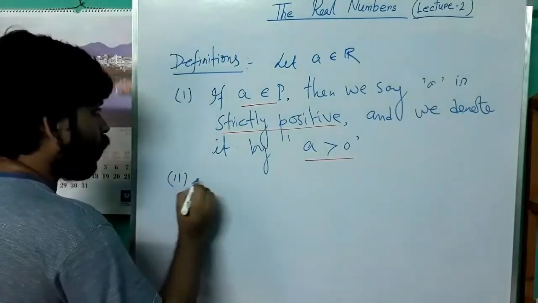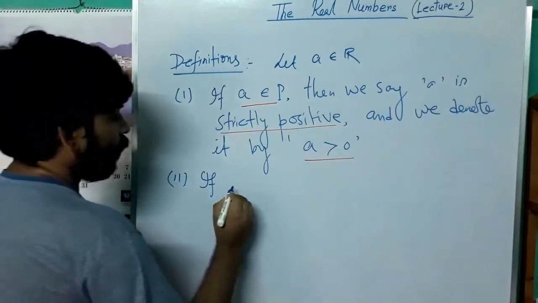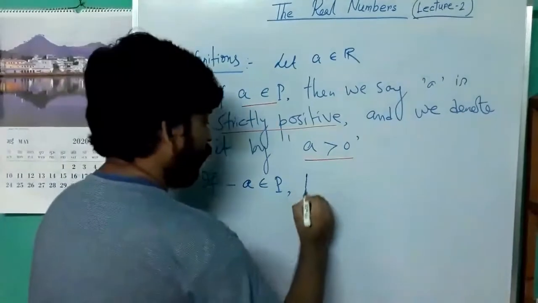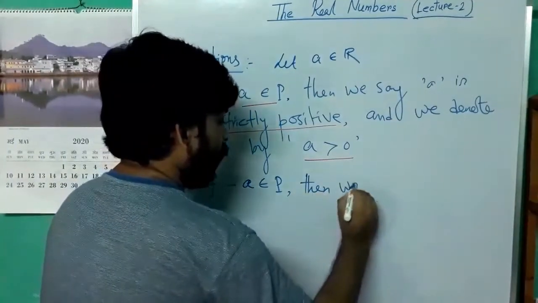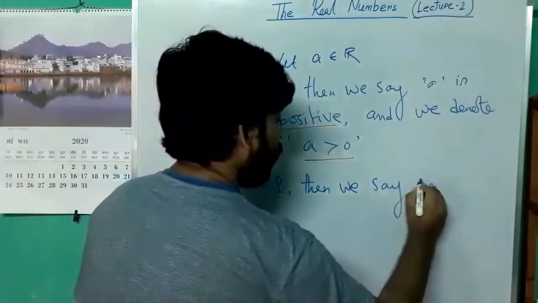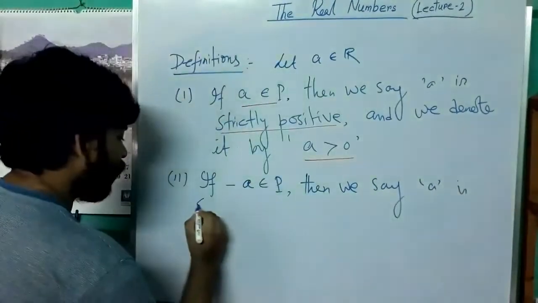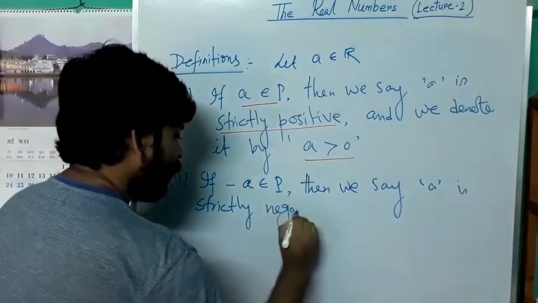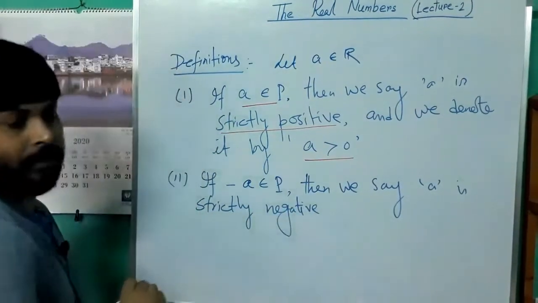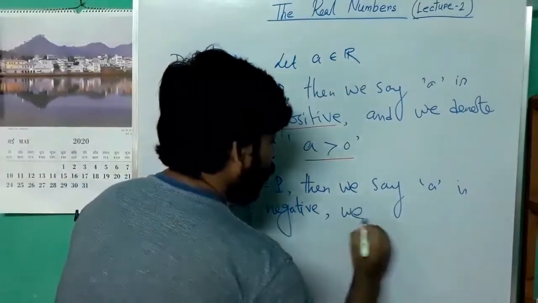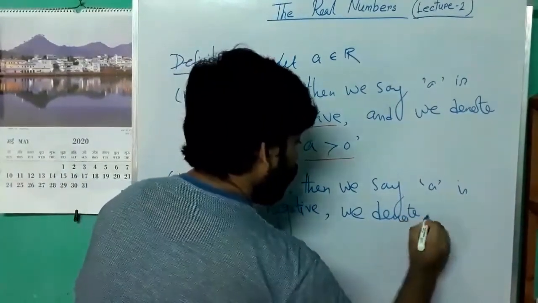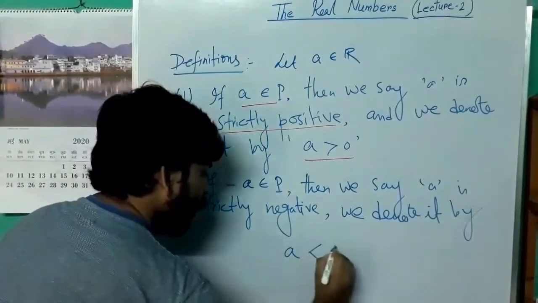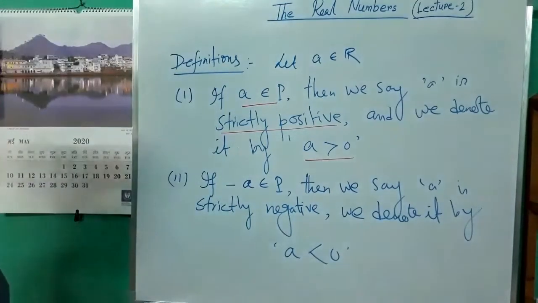So definition 2: if minus A belongs to P, then we say A is strictly negative, and we denote it by the symbol A strictly less than 0.